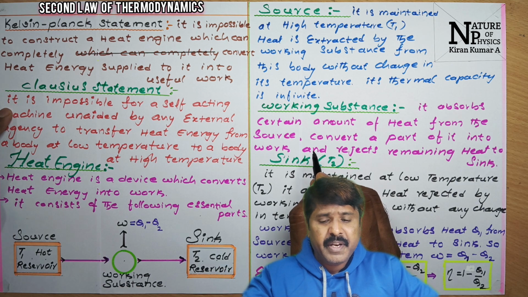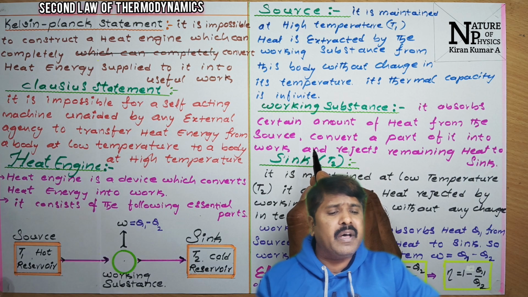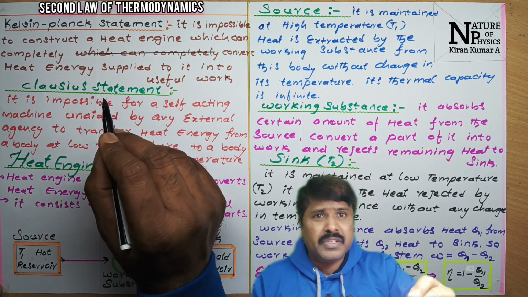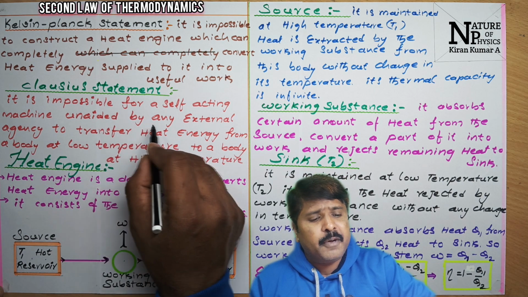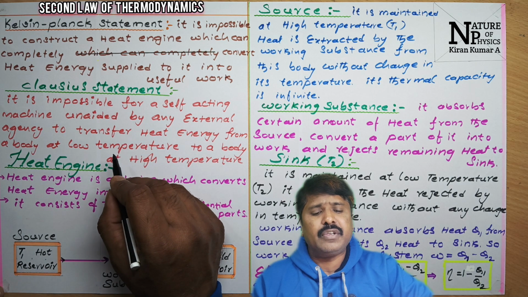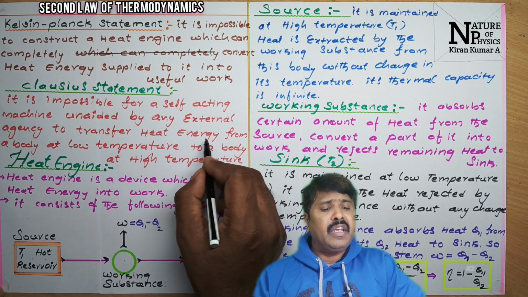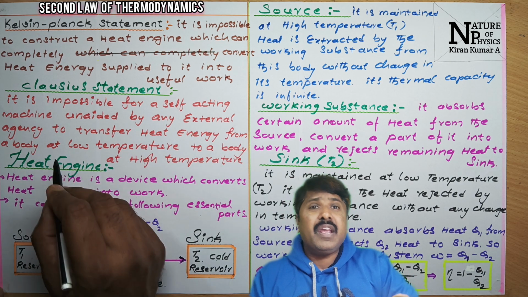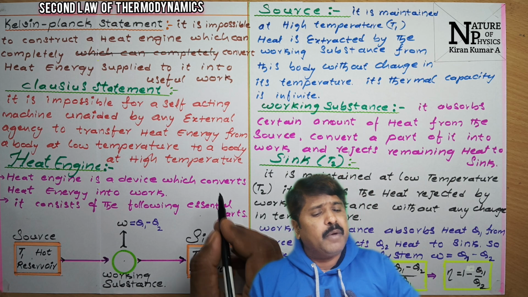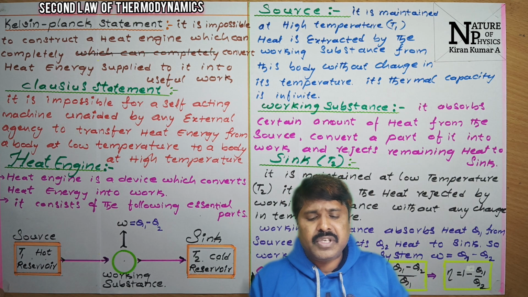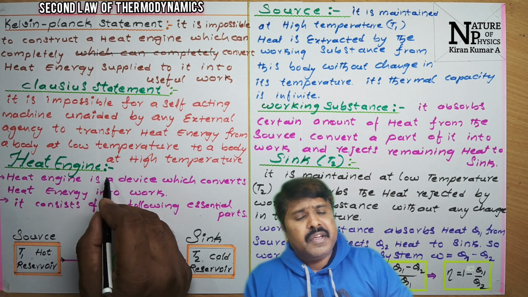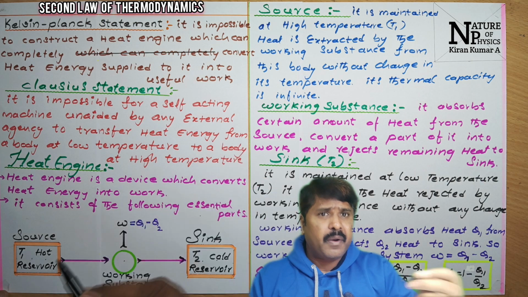Okay, once again repeating, it is impossible for a self-acting machine unaided by any external agent to transfer heat energy from a body at low temperature to a body at high temperature. Okay, and heat engine, next one is refrigerator.